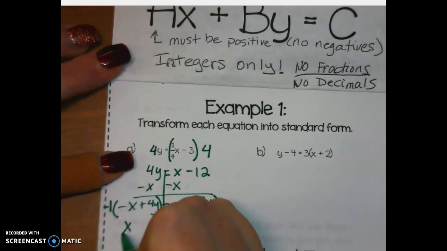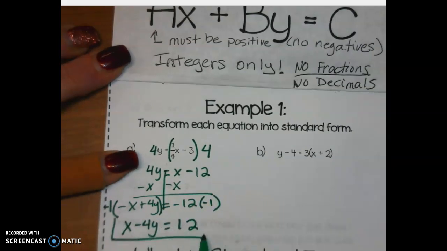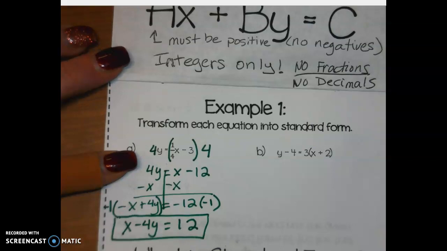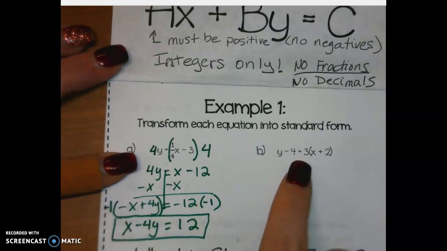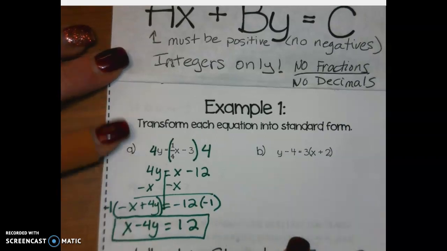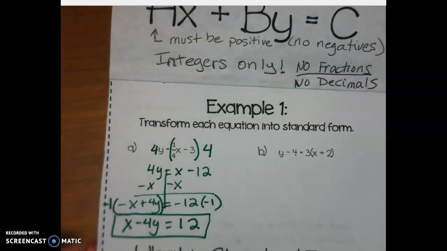So now I've got x minus 4y equals 12. This is standard form. I want you to practice doing this one on your own. Pause the video and try it.